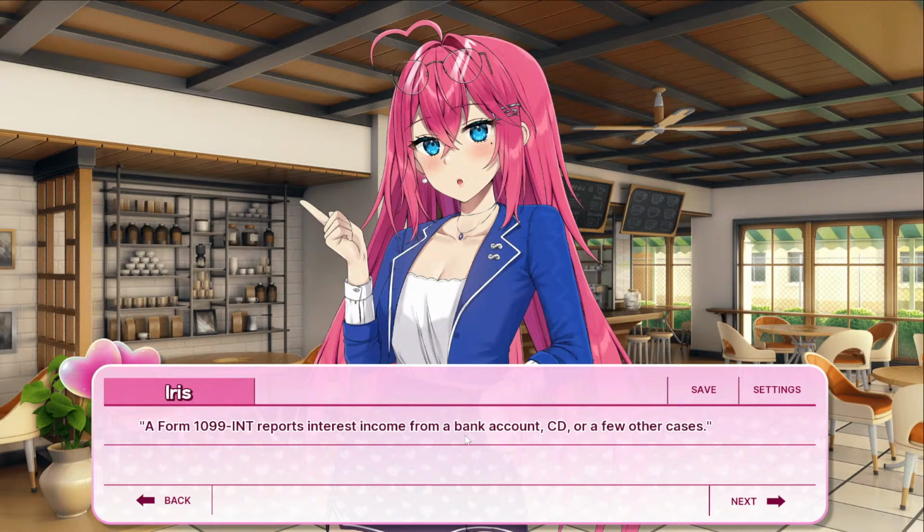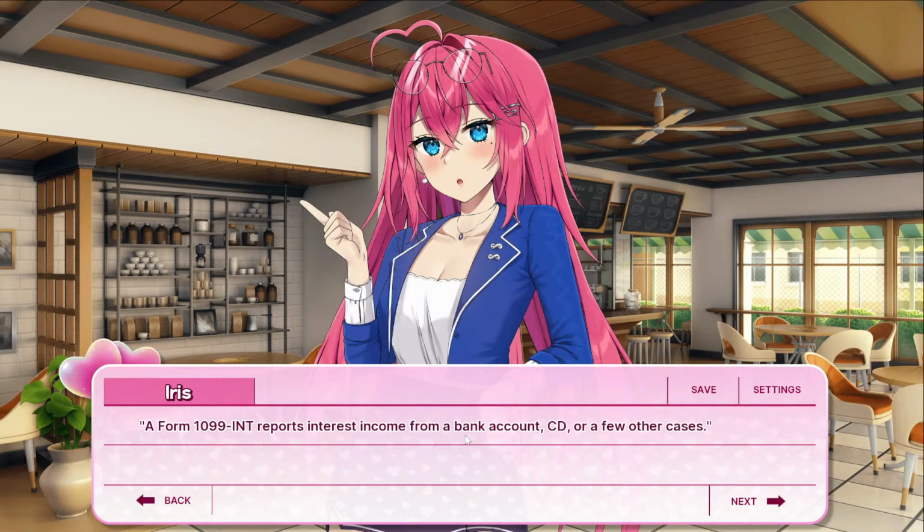Oof. What are the interest rates in my bank? What, like 0.001%? Like barely.